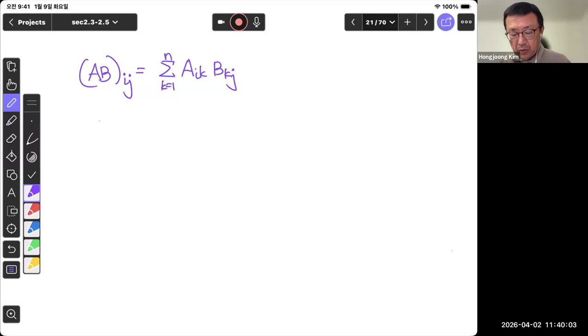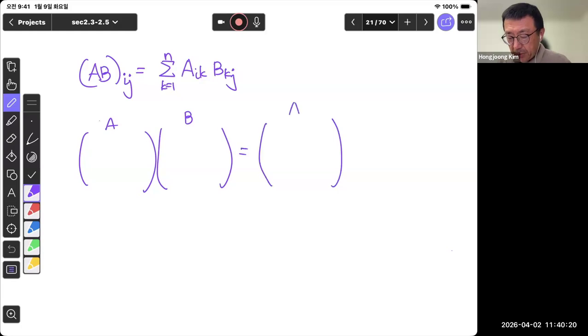So that's the ith row, jth column entry of this product. So given matrix A and matrix B, here is the product, A times B.